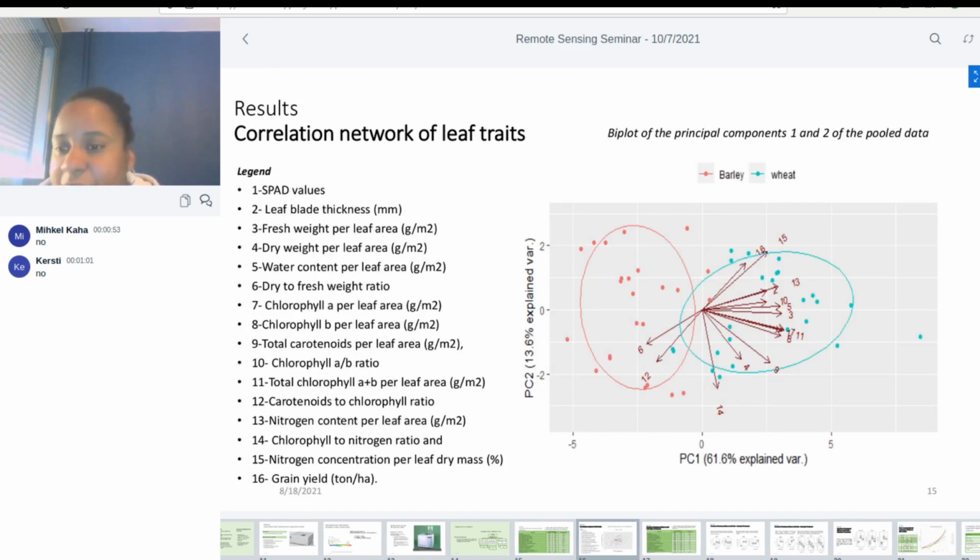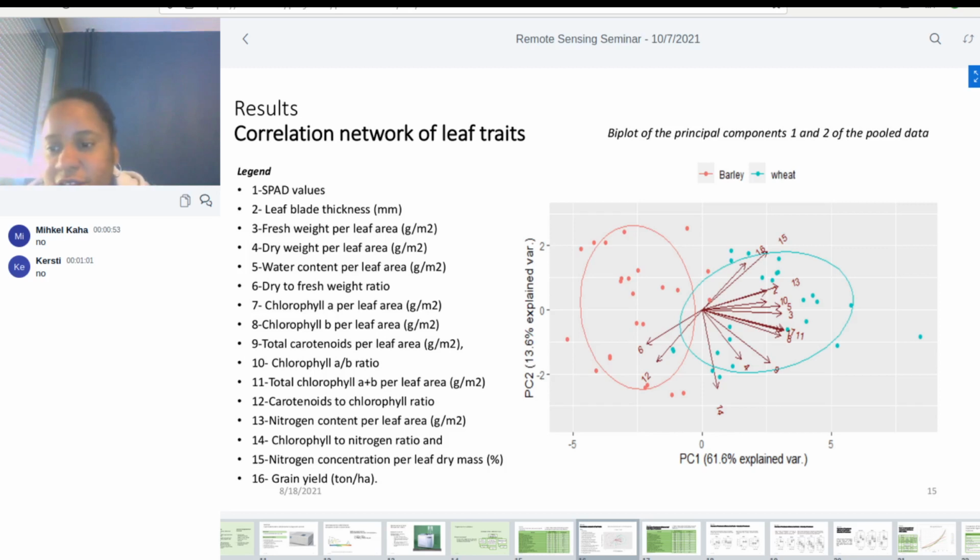Then, to get an overview of the whole data, we looked at the correlation network of the leaf traits, and we performed principal component analysis. We obtained a first principal component that explained around half of the variance and was also able to separate the two species.